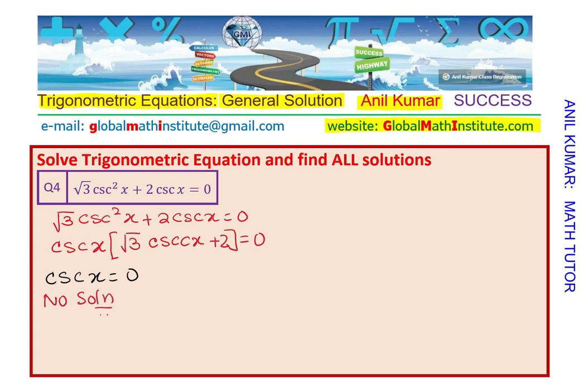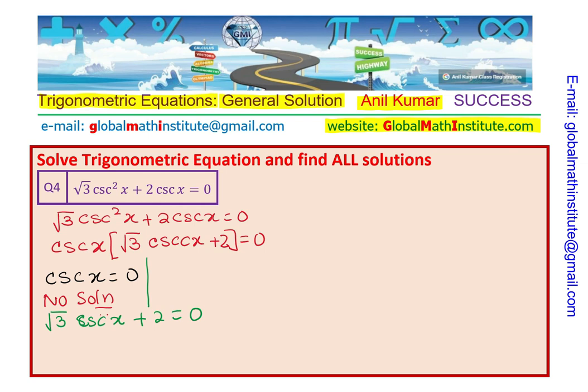Clearly, cosecant x is either greater than equal to plus 1 or less than equal to minus 1, right? And for the other factor, which is square root 3 cosecant x plus 2 equals to 0, we can rearrange and write cosecant x as, taking 2 on the other side becomes minus 2 over square root 3.